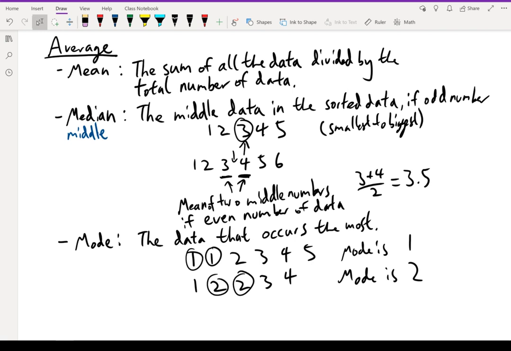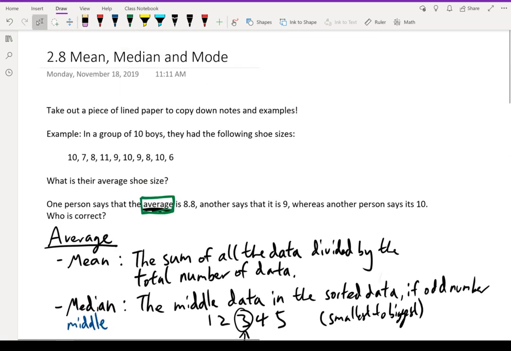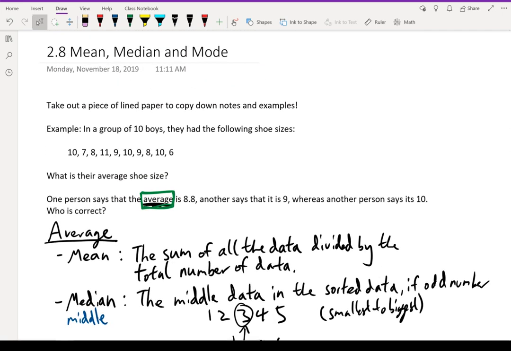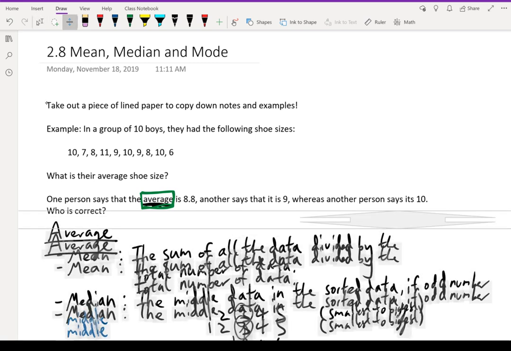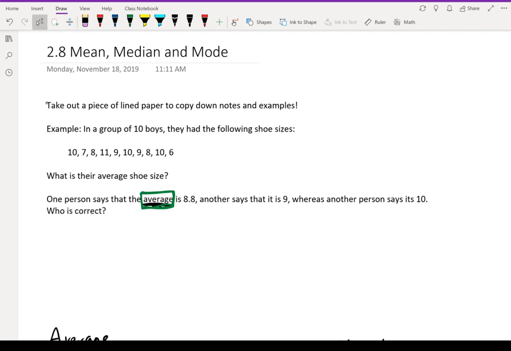Then let's go back to our question over here. Let me make some space. There we go. Let's go ahead and find the average of this.